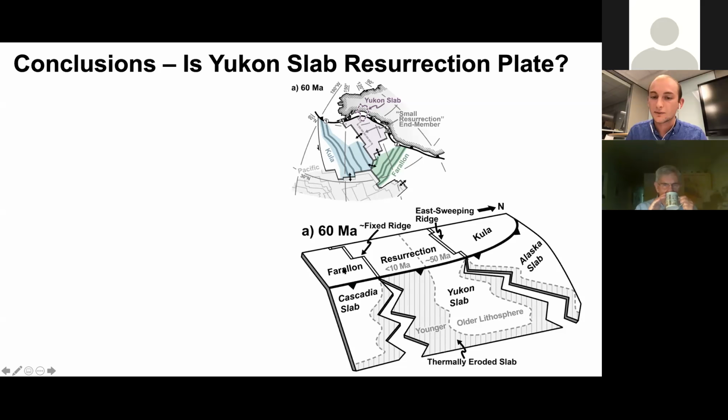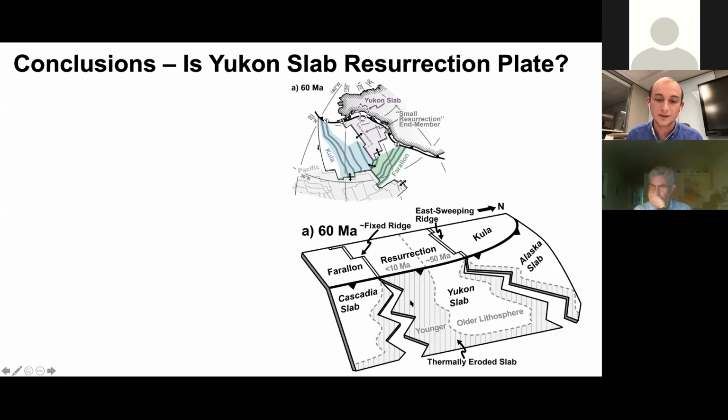So we can see that we have the Farallon, Resurrection, and Kula plates being subducted with their associated slab anomalies. What you can see is that the western half of the resurrection plate here is around 50 million years old. The eastern half is less than 10 million years old. So as these two mid-ocean ridges are subducted, they both create their attendant slab windows, which bound the resurrection plate in the mantle and actually serve to localize where all three of these subducted slabs are going to be thermally eroded.